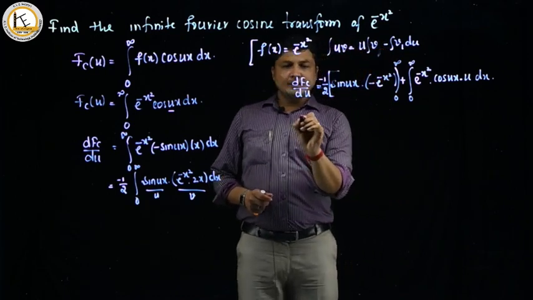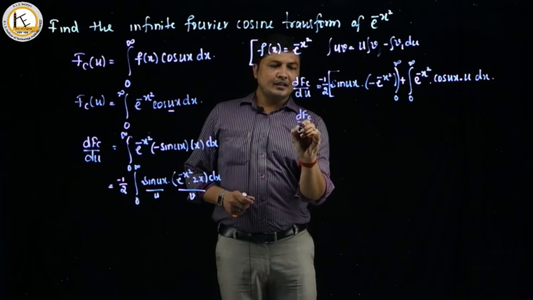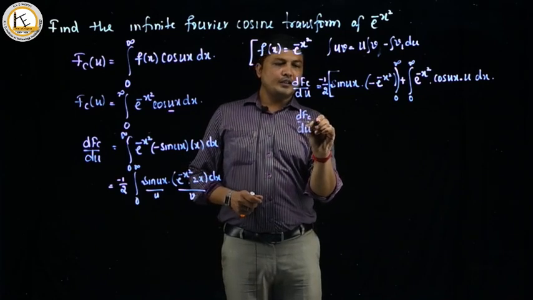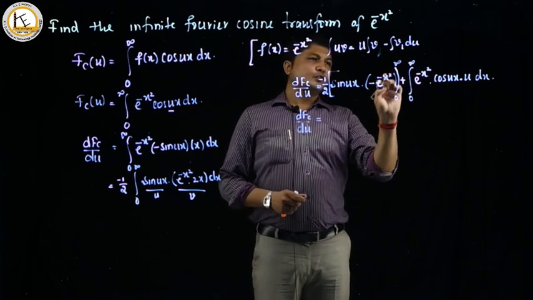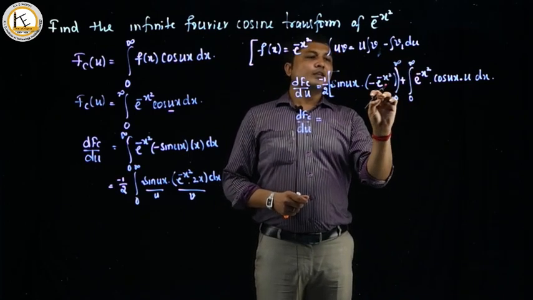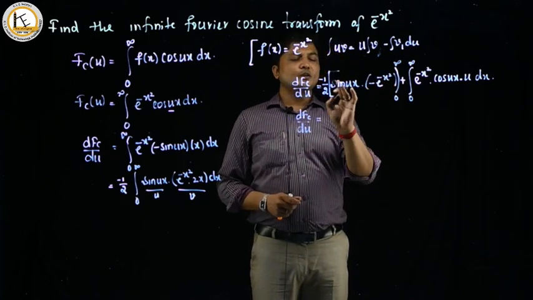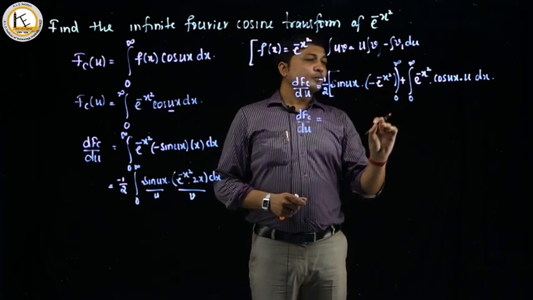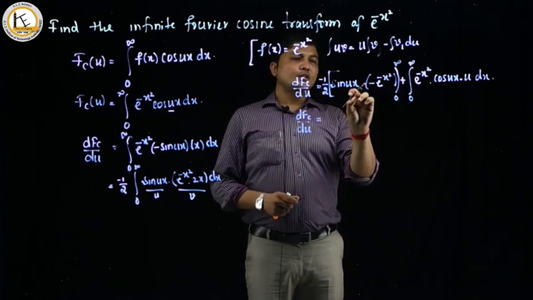So next, dfc by du, that is the derivative, is equal to, applying the limits for this first term: the upper limit is infinity, therefore e raised to minus infinity will be 0. So 0 into anything becomes 0, and coming to the lower limit 0, sin 0 will be 0.